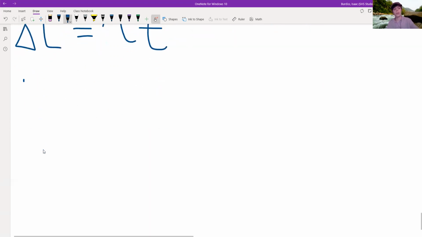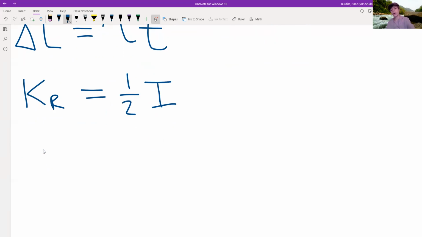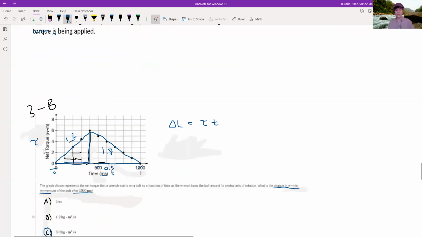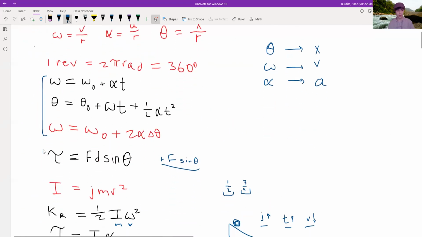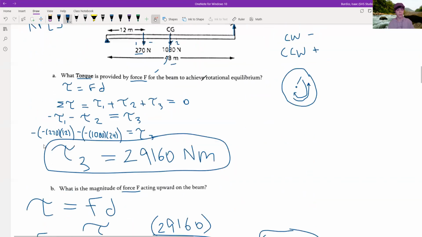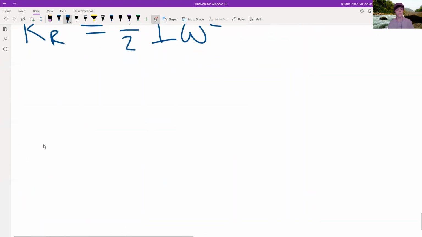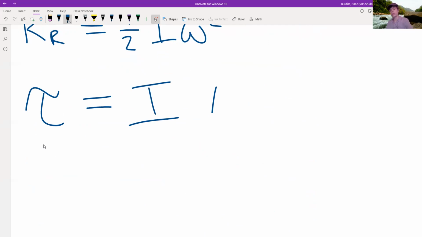Also remember that rotational kinetic energy is 1/2 times I omega squared. And also remember, what am I forgetting? I know I'm forgetting something. Oh, also remember torque equals this.